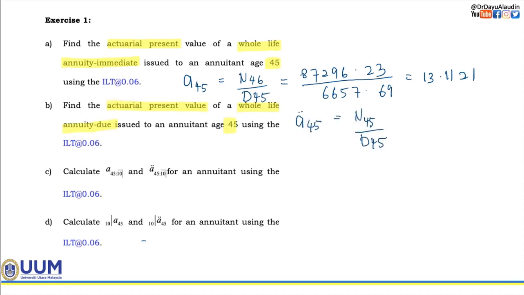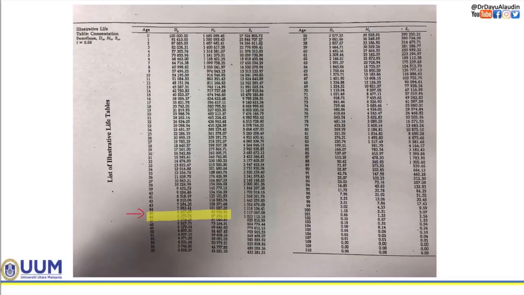And let's try number 2. Find the actual present value of a whole life annuity due issued to an annuitant age 45. For this case, it is equal to N_x over D_x, for annuity due. So the numerator and the denominator have the same age. Then we refer to the table for N_45 and D_45, the values inside the equation.